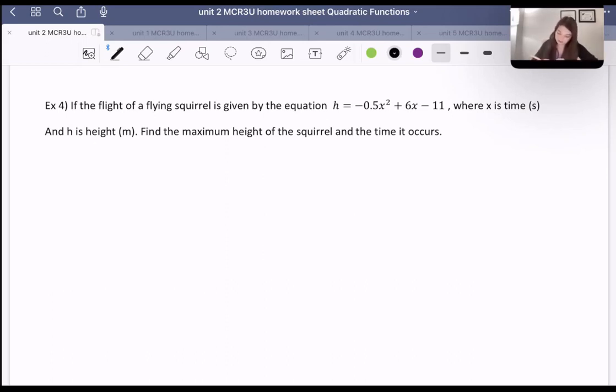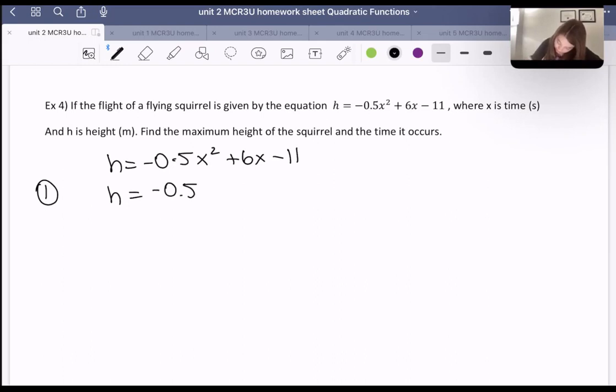So first things first, I'm just going to rewrite the equation that they have given us here. Then I'm going to do step one from earlier, which was to factor out the leading coefficient. So let's do that. Negative 0.5 times x squared minus 12x minus 11.